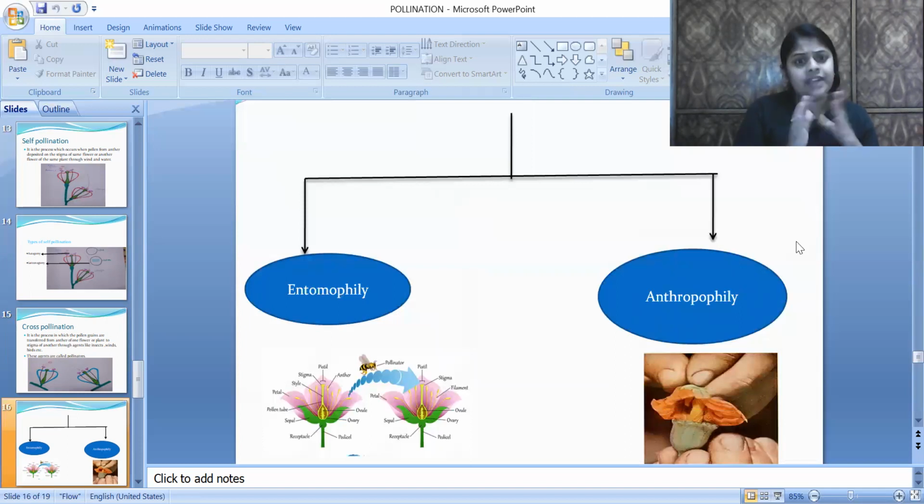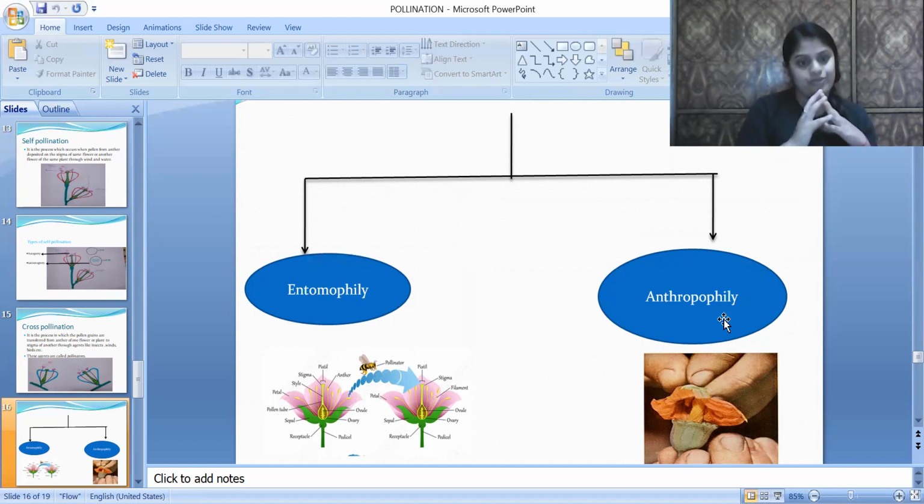But two of them are insects and human activities. So cross-pollination most commonly occurs in two ways: entomophily and anthropophily.